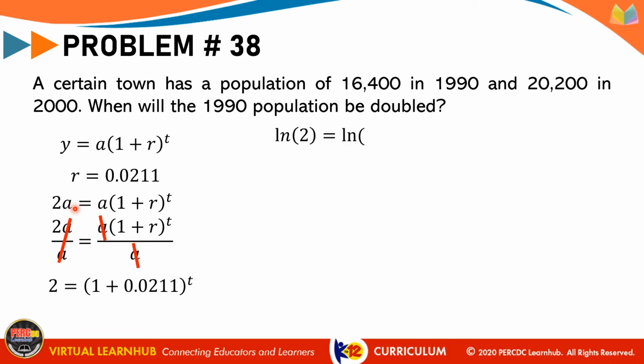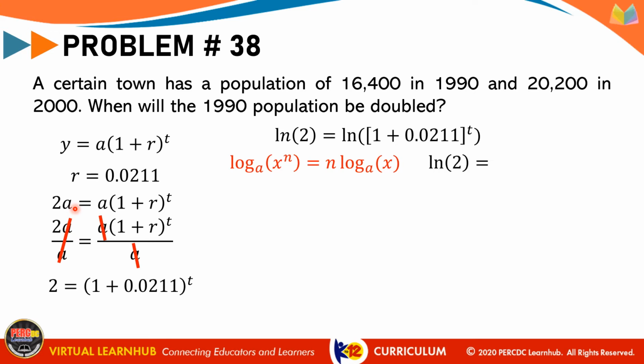But since we are solving for t, we take the ln of both sides. So we have ln of 2 equals ln of (1 plus 0.0211) raised to t. By applying this property, log of x raised to n with the base a is equal to n times the logarithm of x to the base a. Applying this to the right side of the equation, we will have ln of 2 equals t times ln of (1 plus 0.0211).